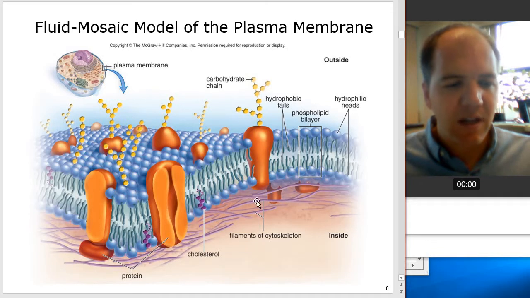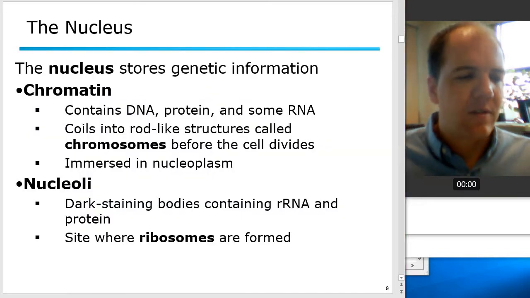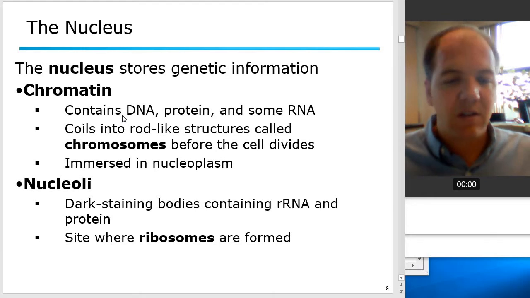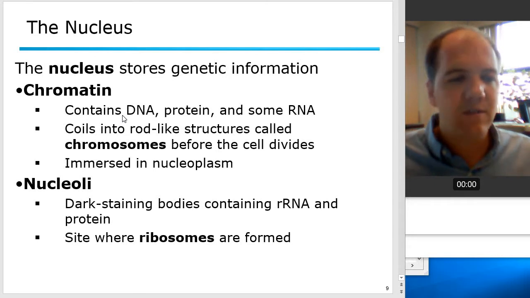Okay, and then on the inside you can see some cytoskeleton filaments here that are helping hold that plasma membrane in a certain shape. The nucleus. As we said, the nucleus holds our genetic information, the DNA. There's the chromatin that we mentioned, which is this conglomerate of DNA, proteins, and RNA all just kind of pushed inside that nucleus.